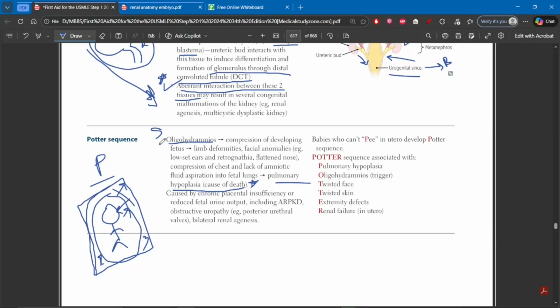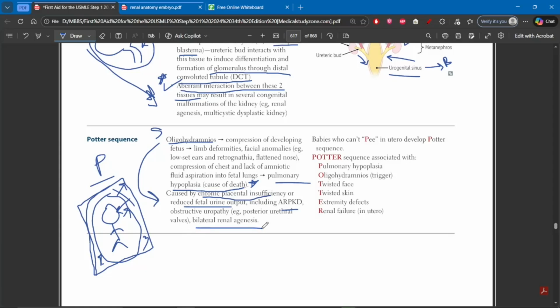Now, what are the reasons for oligohydramnios? It may be caused by chronic placental insufficiency or reduced fetal urine output, including autosomal recessive polycystic kidney disease, obstructive uropathy, and bilateral renal agenesis.